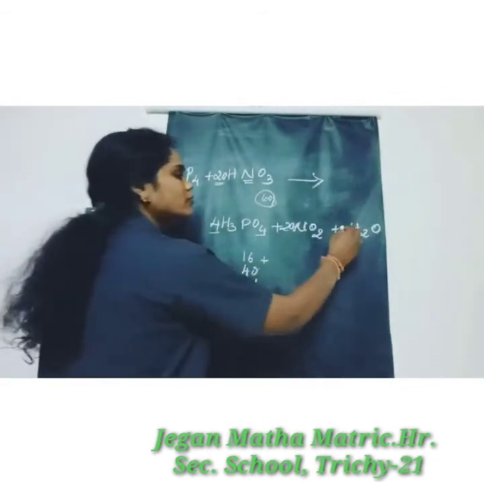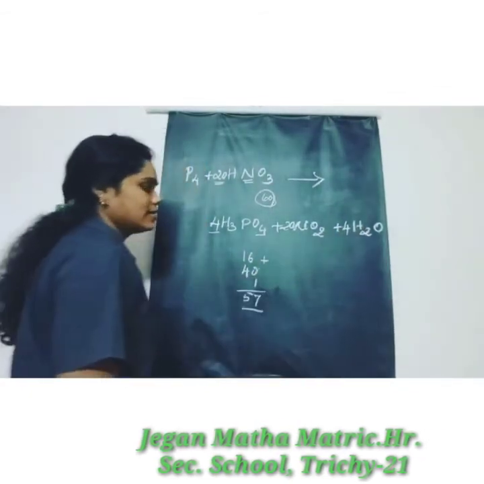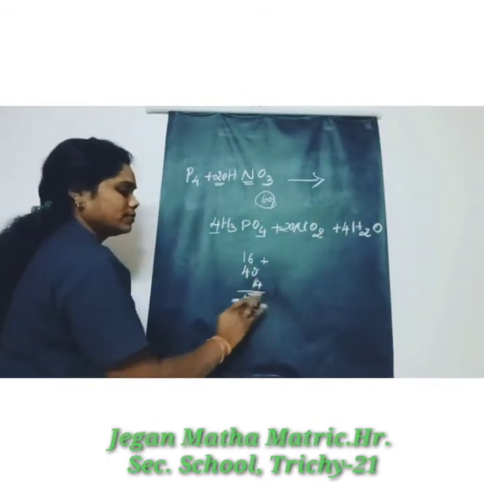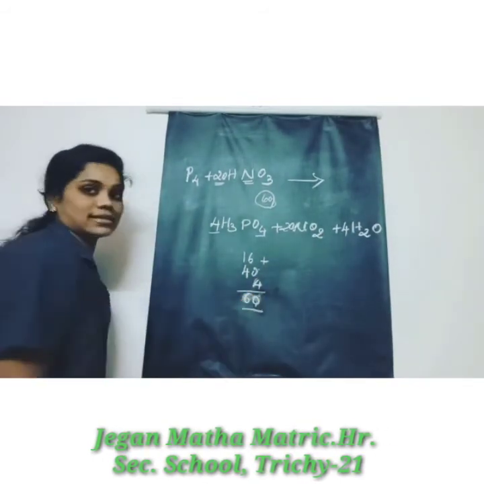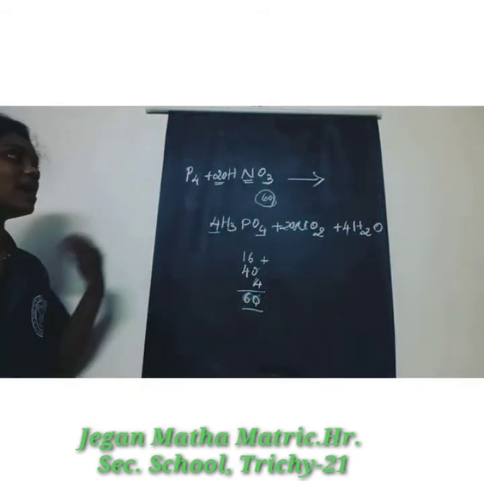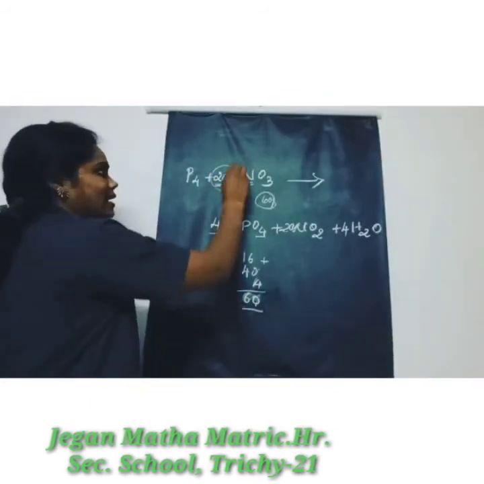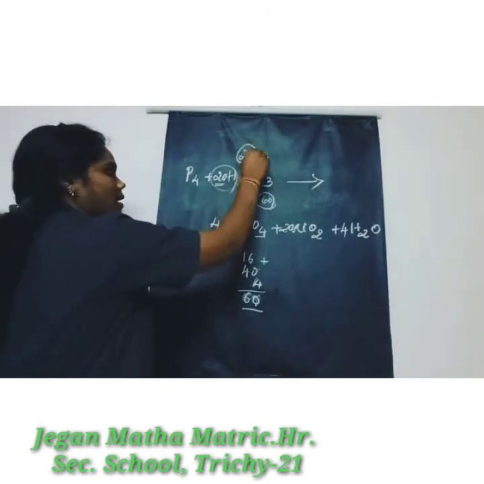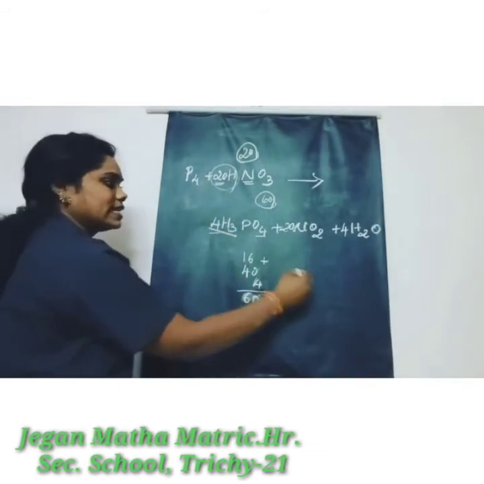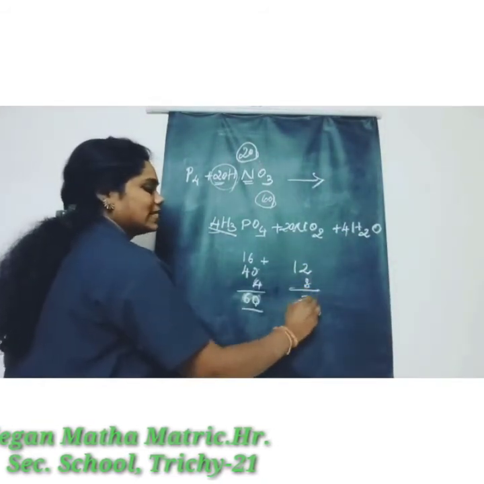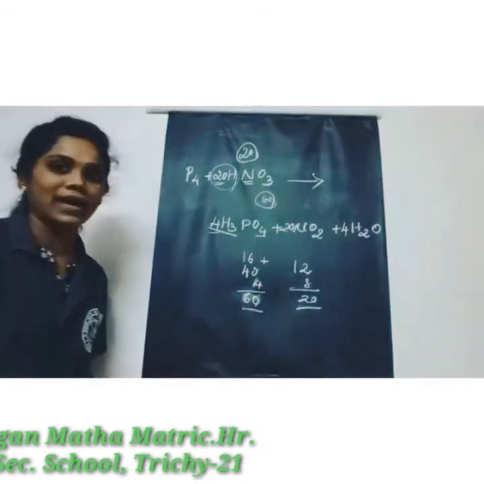So now I put 4 times here, so oxygen is here 4 times. So now 60 times of oxygen. So oxygen is balanced. And then hydrogen. So here hydrogen is 20 times. Here hydrogen 4 3s are 12 plus 4 2s are 8, so 20 times. So hydrogen is also balanced.